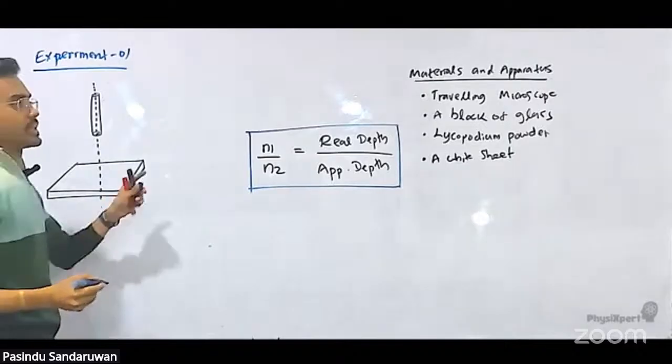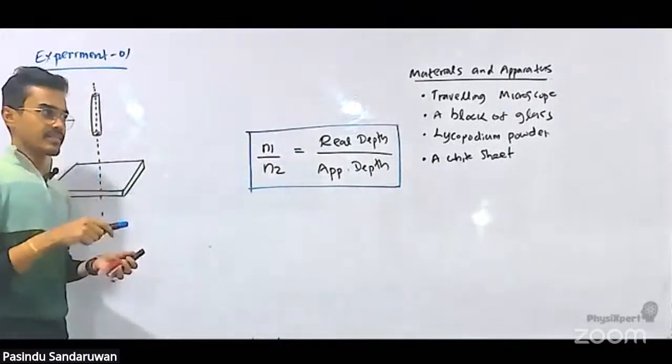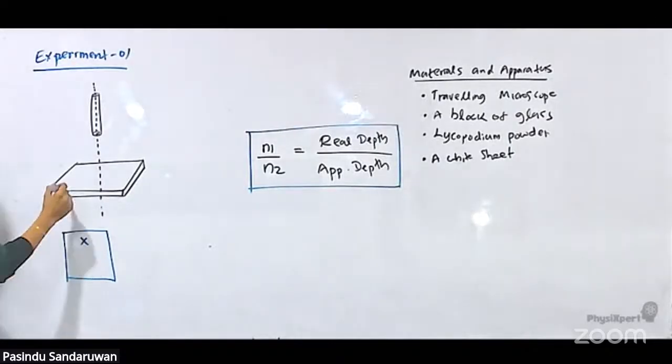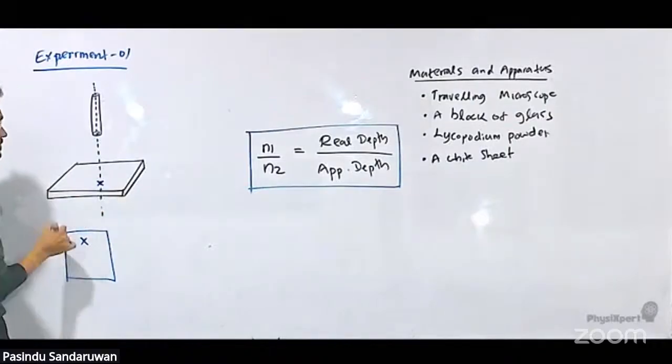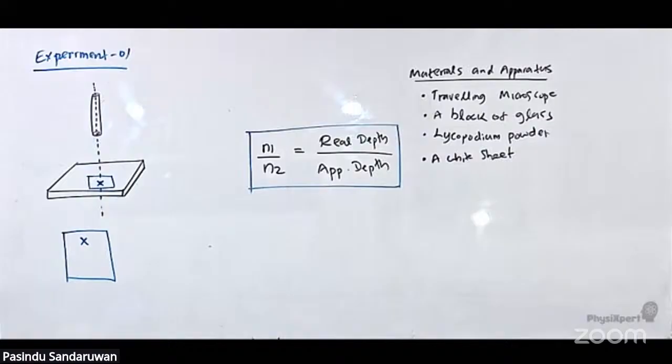After leveling this, if you are using the white sheet, draw a cross on the white sheet and keep it here on the stage.